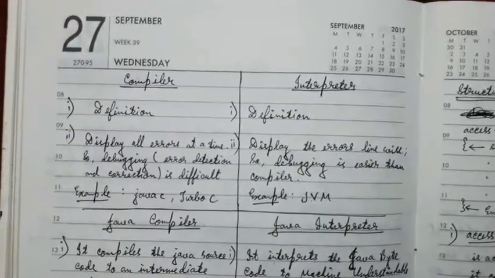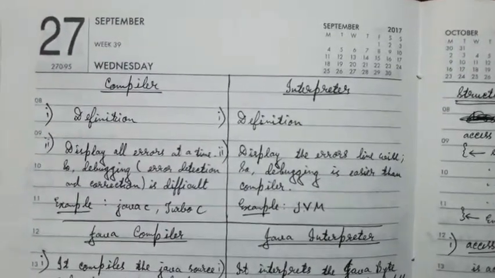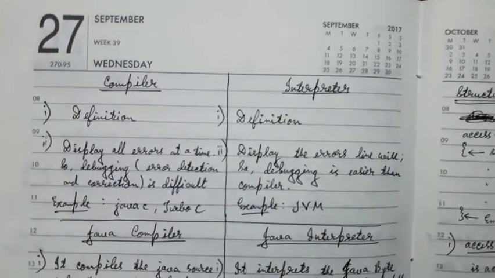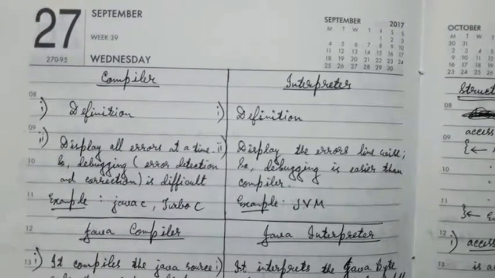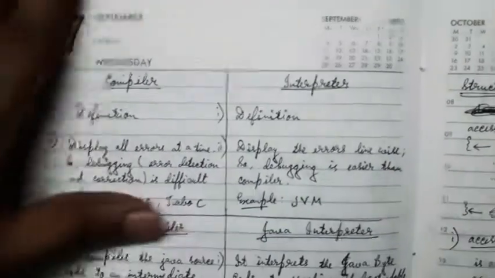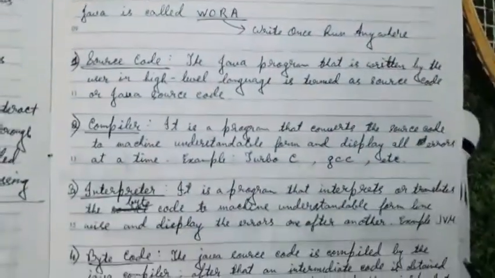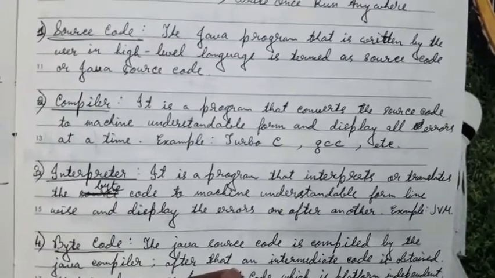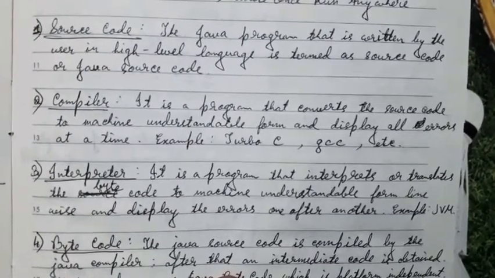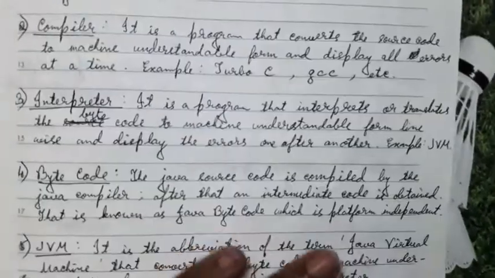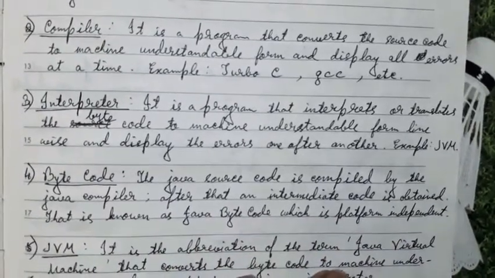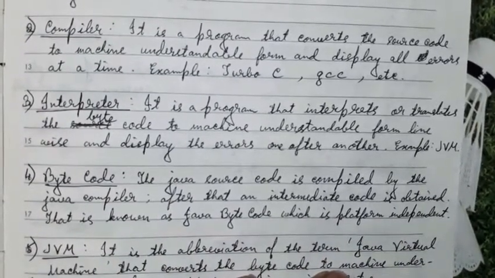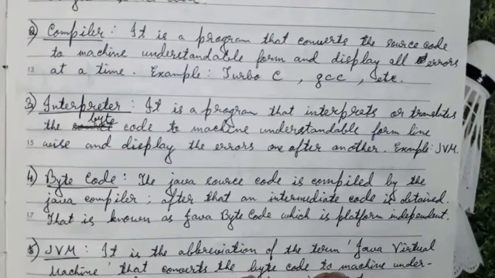Next we come to the difference between compiler and interpreter. The first difference is the definition. A compiler is a program that converts the source code to machine understandable form and displays all the errors at a time. An interpreter is a program that interprets or translates the bytecode to machine understandable form line wise and displays the errors one after another.